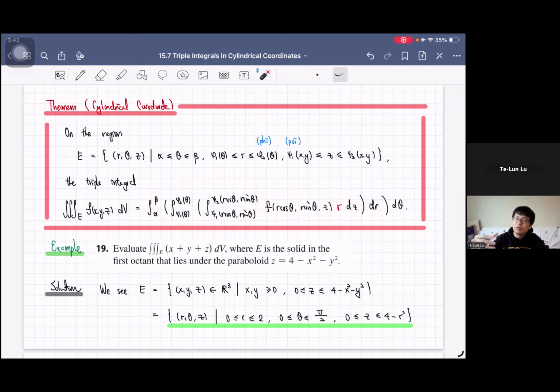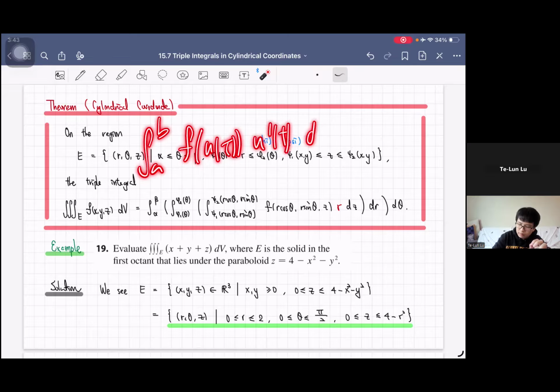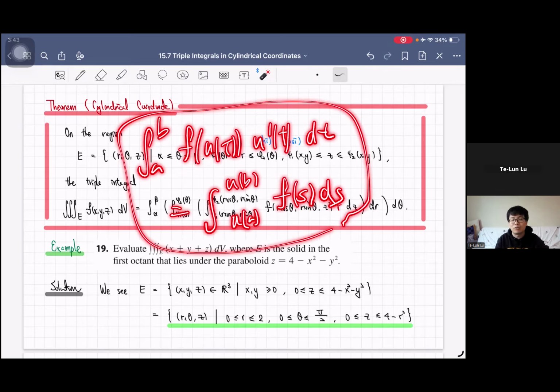So you recall that in the usual one-dimensional integration, we know that you can always do this change of variable. This will be the integral from u(a) to u(b) of f(s) ds. This is the usual change of variable formula in one-dimensional space.